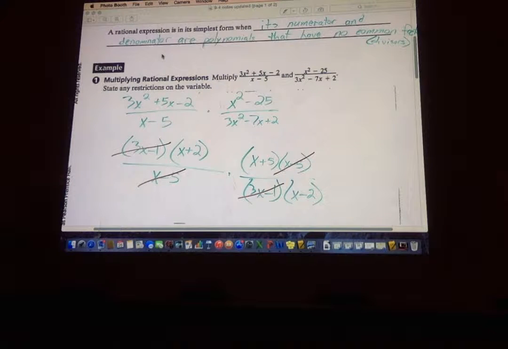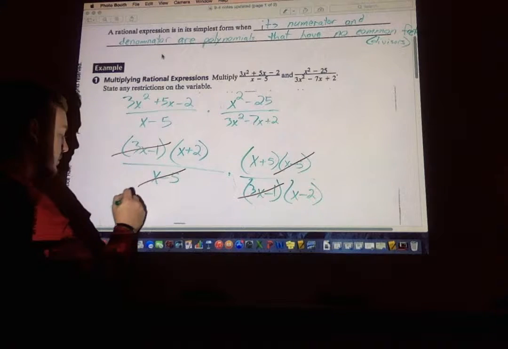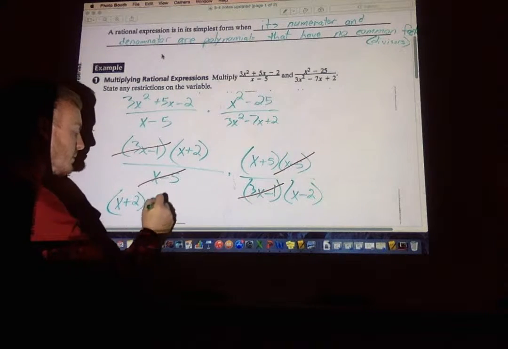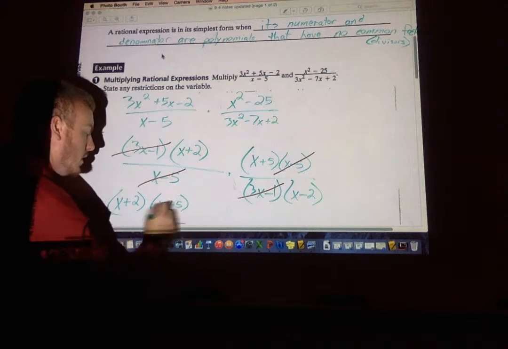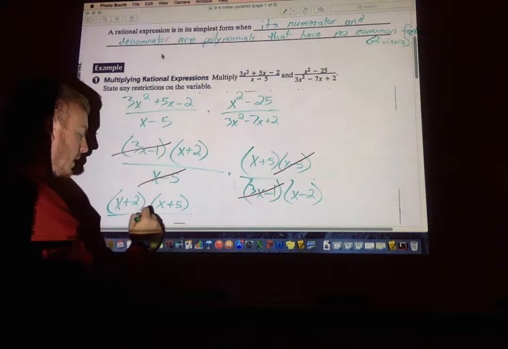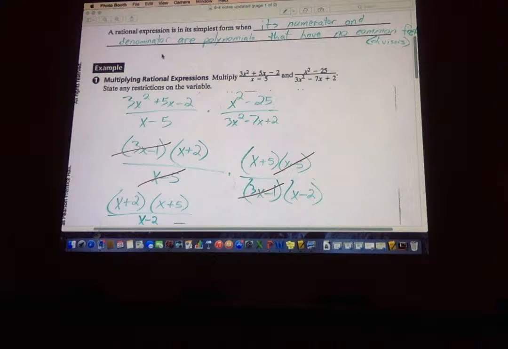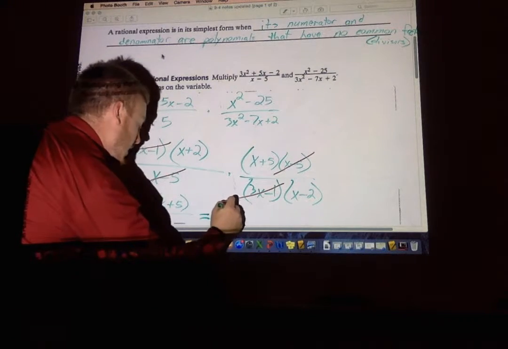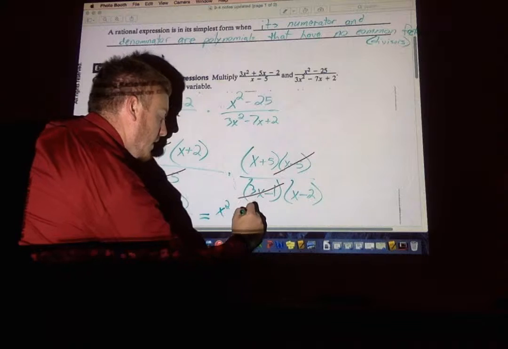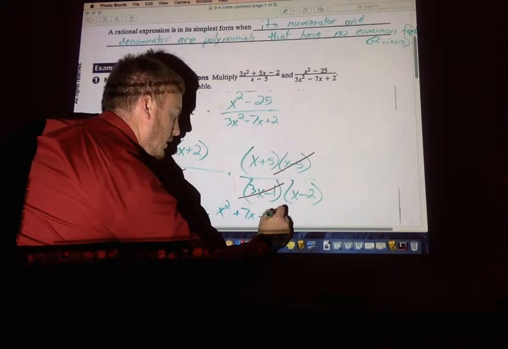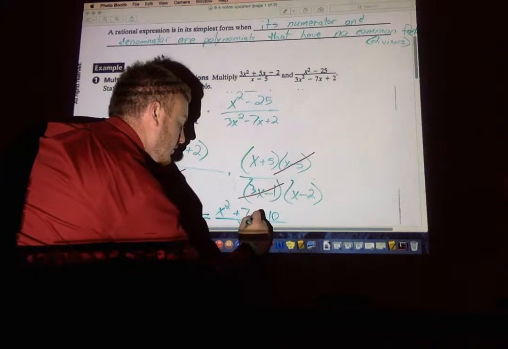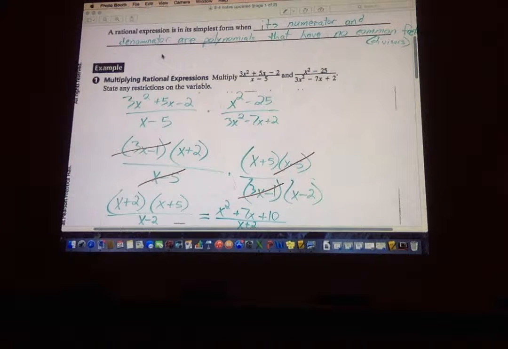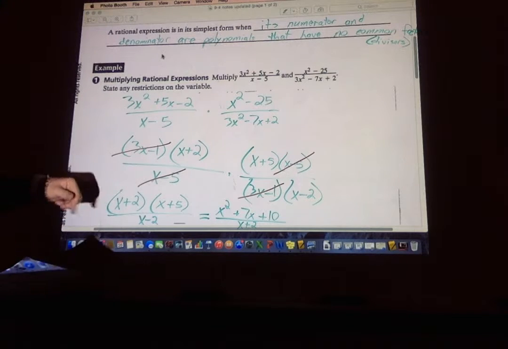Now, to finish it off, I've got x plus 2 times x plus 5 all over x minus 2. Okay, all I'm going to do is just multiply the numerator. So that'll get us an x squared plus 7x plus 10, all over x plus 2 still. Okay, so that's our numerator now. That's simplified. Like I said, that's just multiplying.